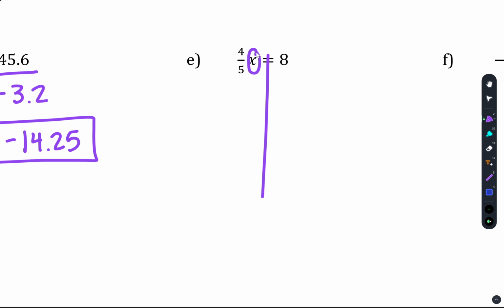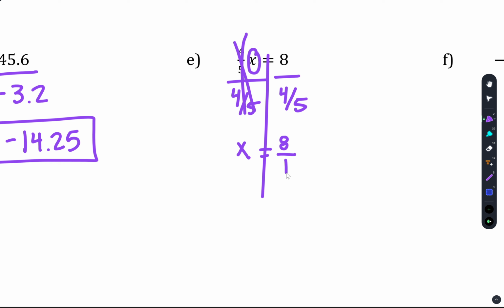Let me break it down in steps here. I know to get rid of times 4/5, I'm going to divide by 4/5. It's going to go away on that side. I got x left. But 8 divided by 4/5, I don't exactly know how to do that. So I'm going to write the whole thing out. What is 8 as a fraction?